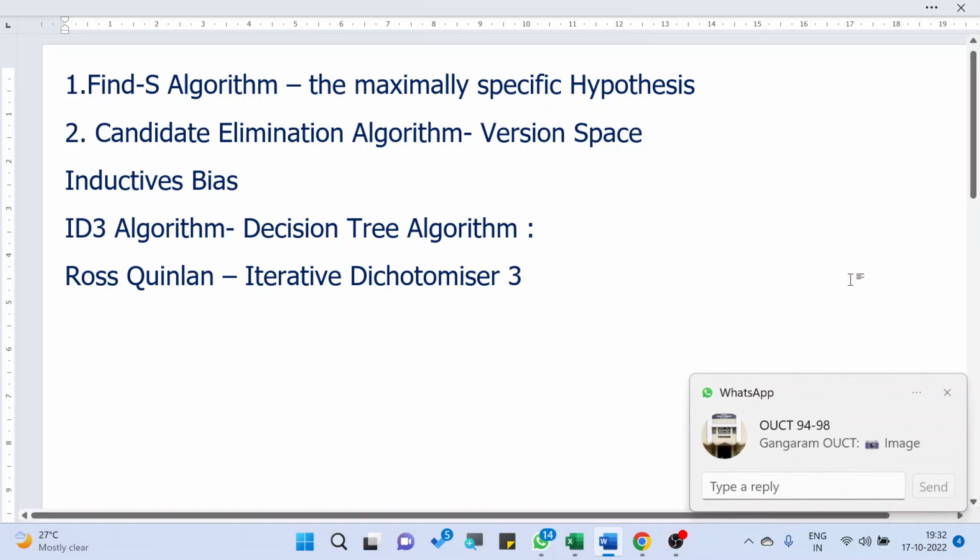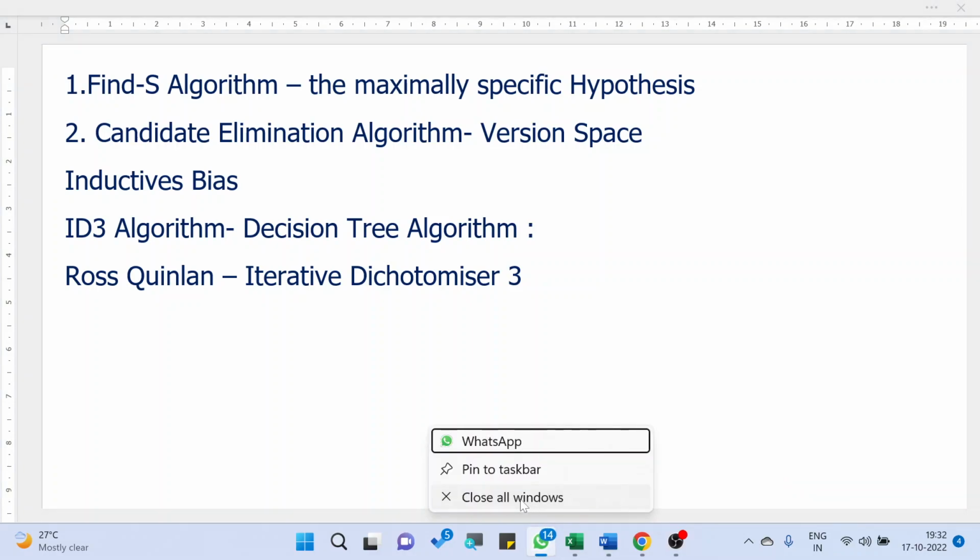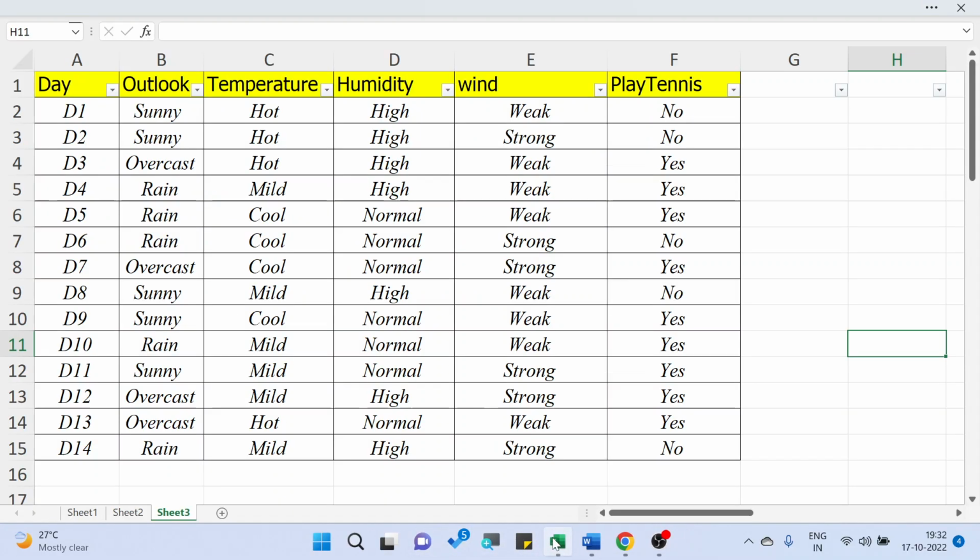Now the problem we have is this data that we are considering. Here we have data of 14 days in which a given player will play tennis or not. If he plays tennis, then it is answered as yes, otherwise it is no.